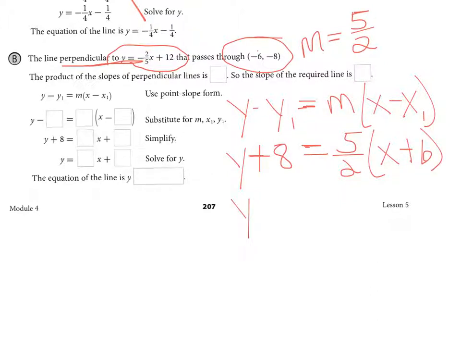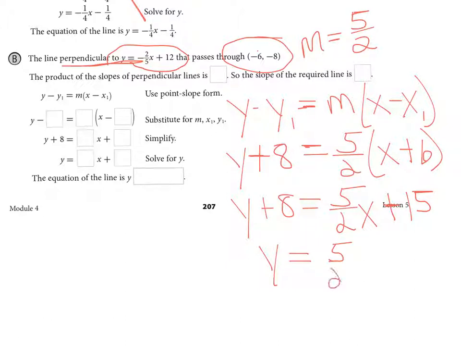So I get y plus 8 equals 5/2 x. Okay, 5/2 times 6 is 30/2, which simplifies to 15. I subtract 8 from both sides. I get y equals 5/2 x minus 7.